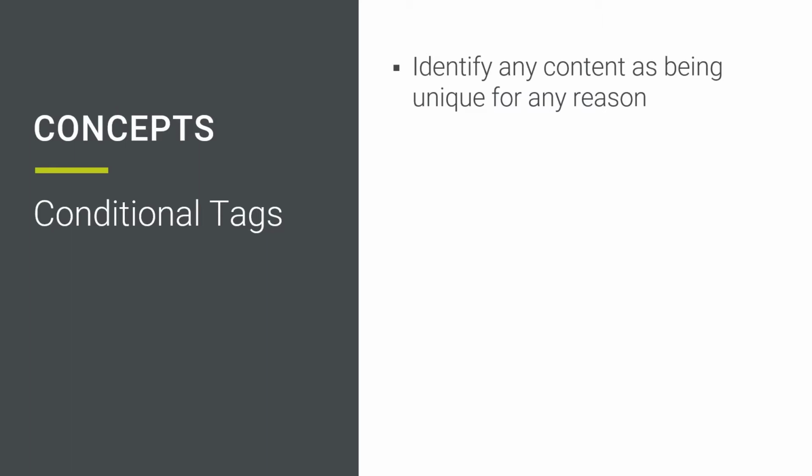But if this chunk of content only applies when I publish a PDF, we need to identify that. If this chunk of content is perhaps regional because of local laws, this chunk of content only applies if we publish in Australia. We need to identify that. So that's a key use of a conditional tag.